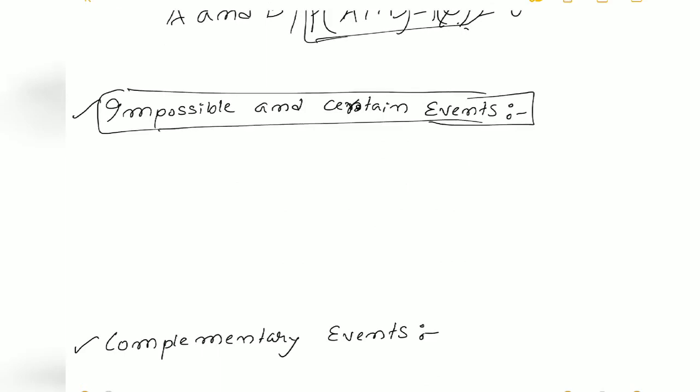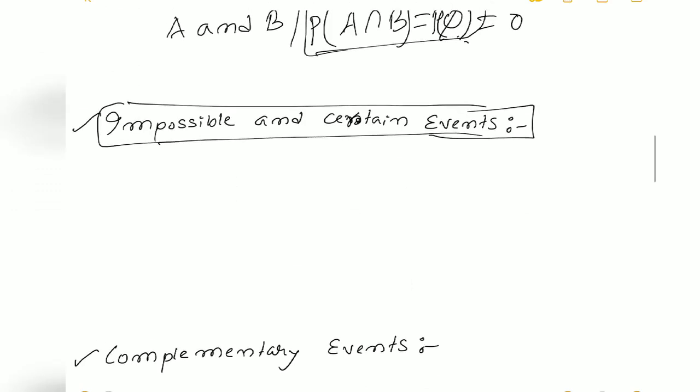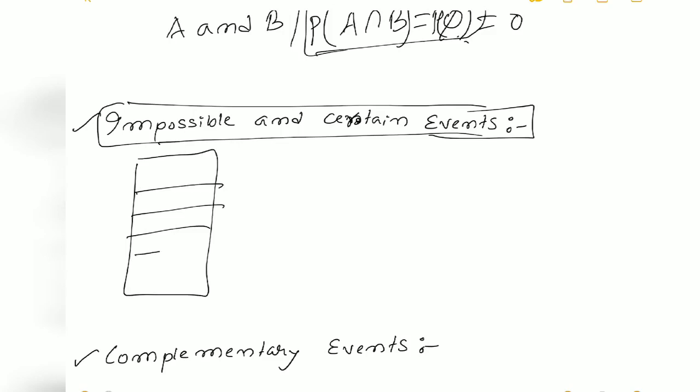What are called impossible and certain events? So now suppose you have one Ludo die, okay? Now you have six of your coins, 1, 2, 3, 4, 5 and 6, and here is the end button, okay?